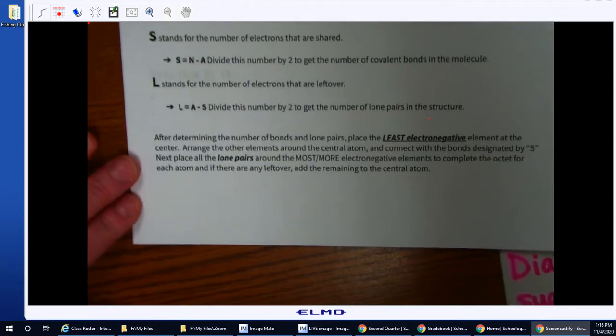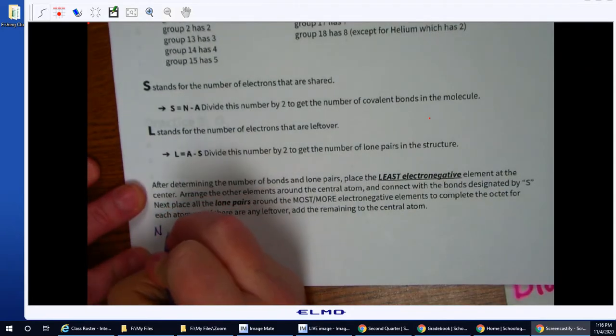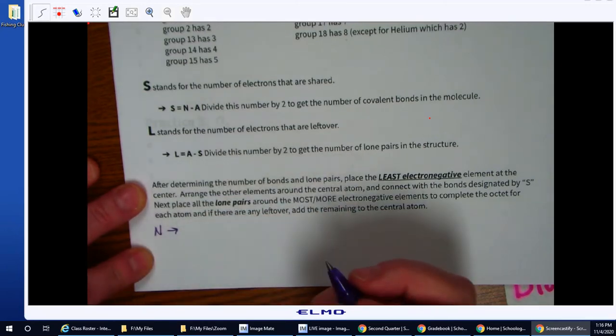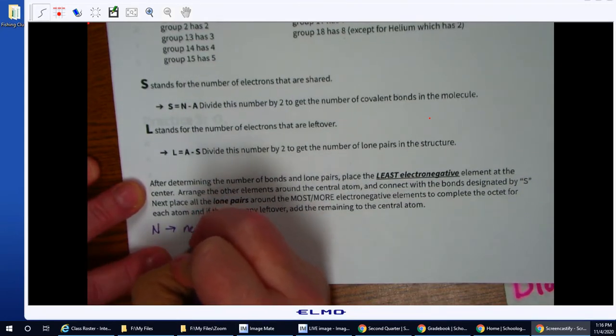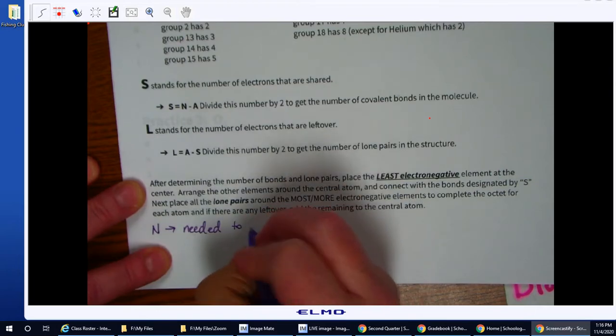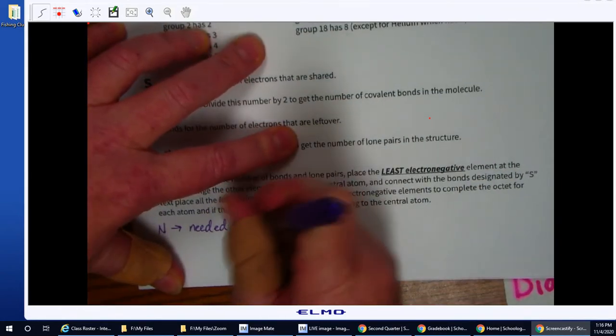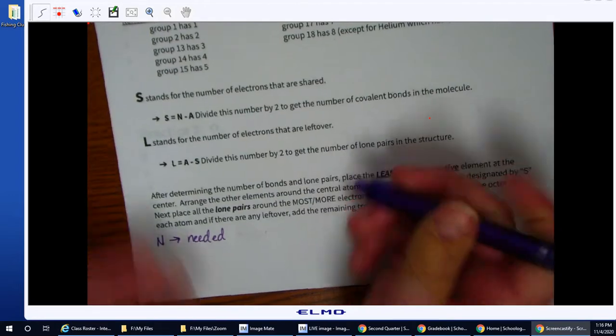Well, let me go down here to the very bottom. The N represents how many valence electrons are needed. So needed for the octet.